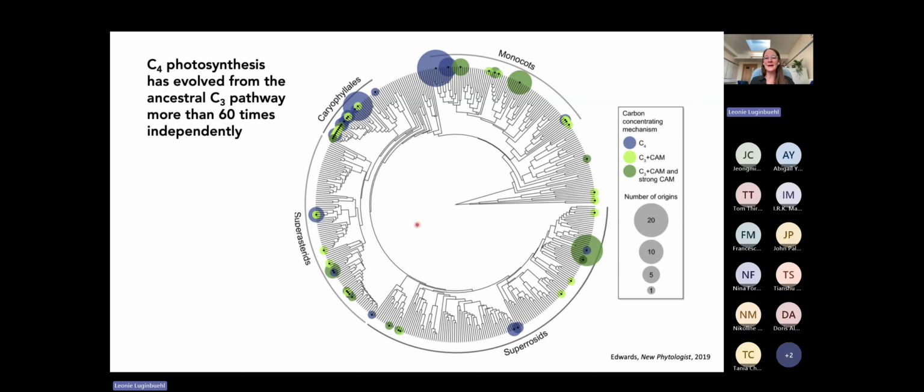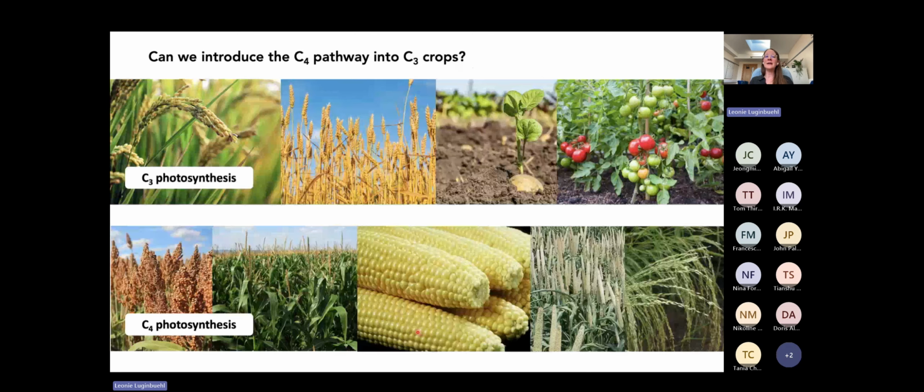And so that then led to this idea that maybe we could use that, and because it happens so many times in nature already, maybe we could use a similar strategy to try and introduce the C4 pathway into C3 crops. So, for example, can we engineer rice such that it now operates the C4 cycle, and so make these C3 crops more resilient to climate change and better able to grow in hot and dry climates?